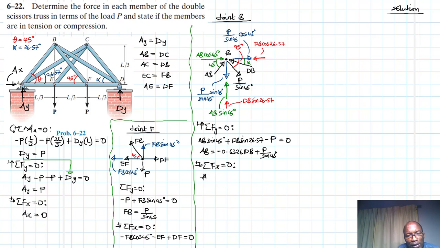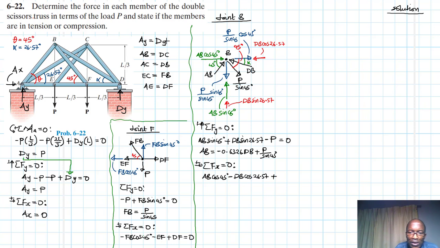We have AB cos 45, and then minus dB cos 26.57, and then plus P, since sine 45 is equal to cos 45.